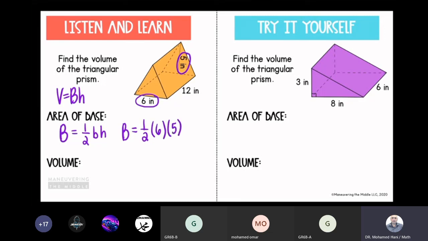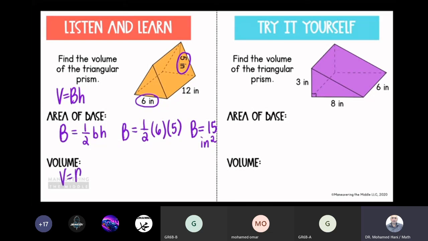I can multiply that out, 6 times 5, get 30, and 1/2 of 30, I can see that the area of my base is represented by 15 inches squared. Now, that is a solution that represents the area of the base, but we want to find the volume.